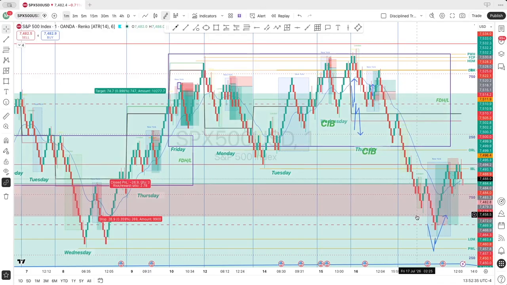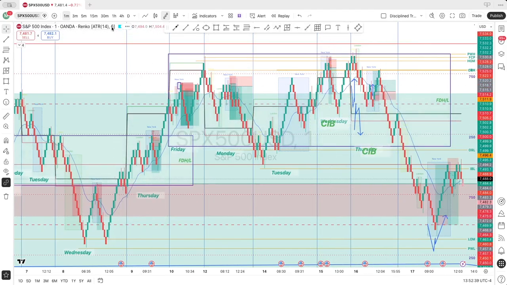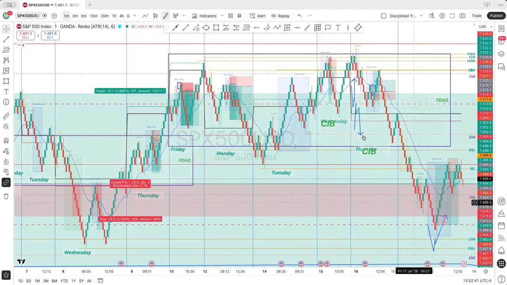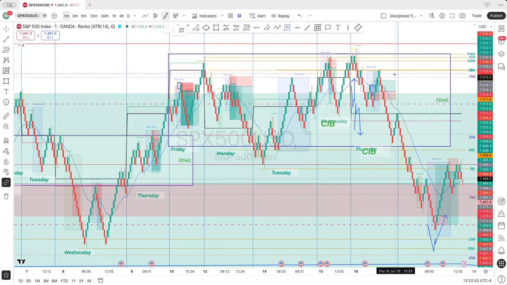Each brick will form after 6 or 60. So I will show you. $60 for the brick. So that's when a new one will form.